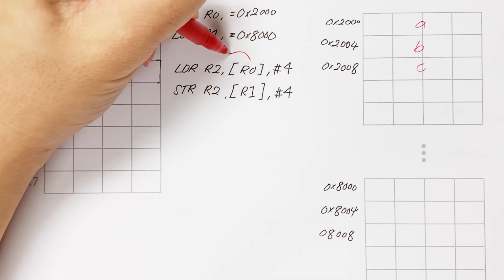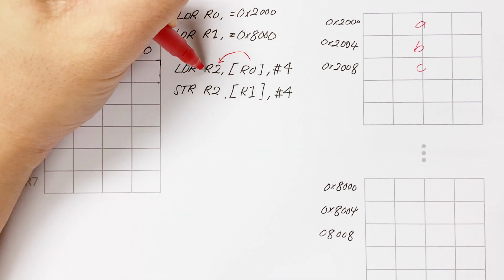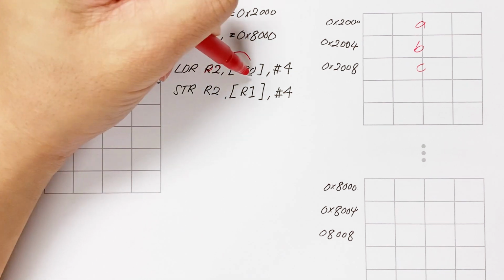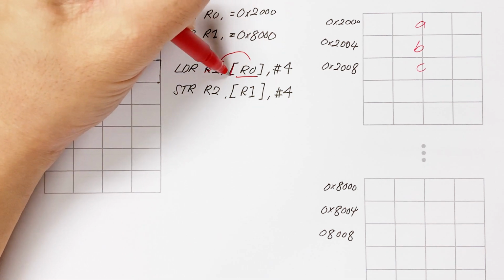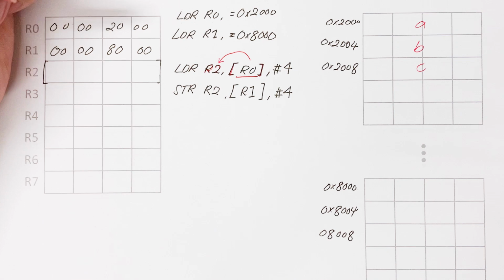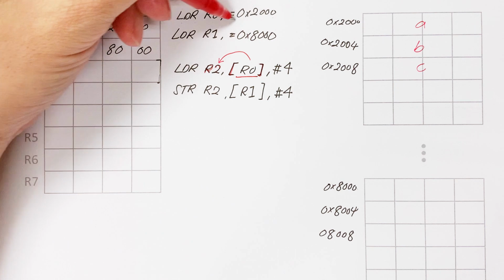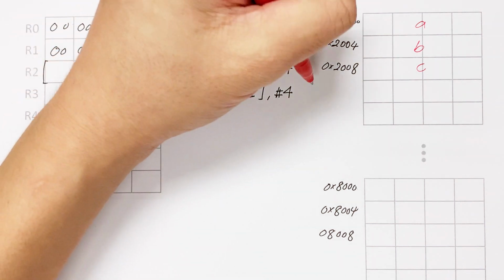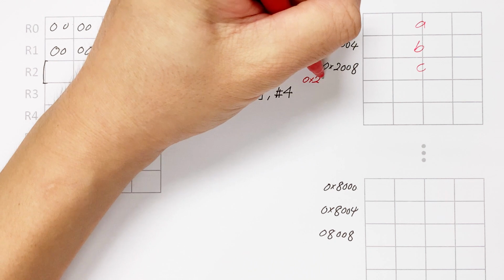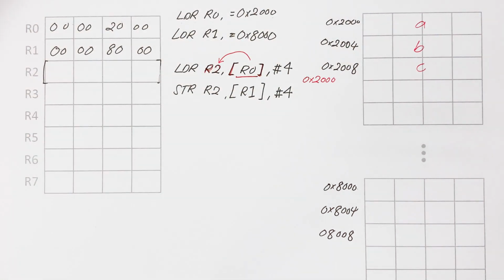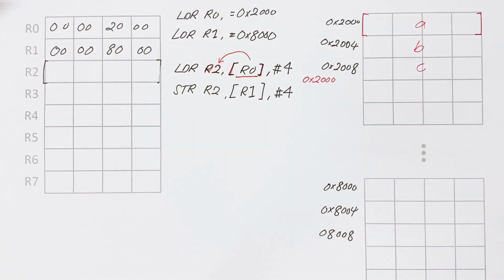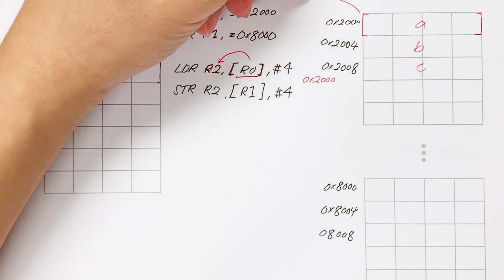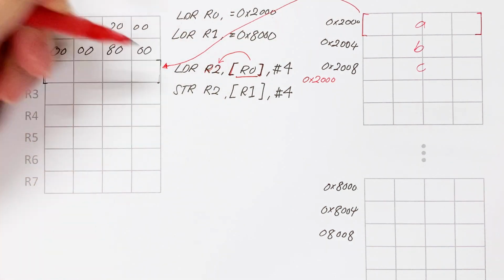We try to move data from the memory to register 2. The memory address is given by register 0 because that's the only thing within that square bracket. Our R0 is 2000 as we initialized in the beginning, so the address is 0x2000. In 2000, this is where the data comes from, and then we're going to move this value there.